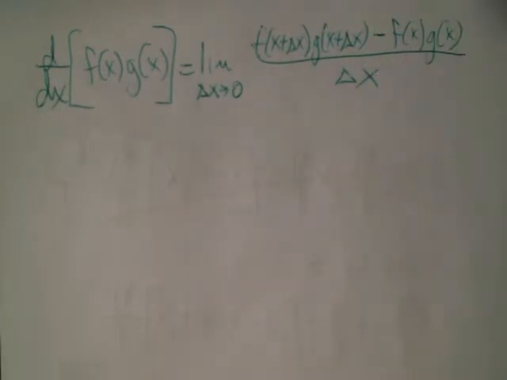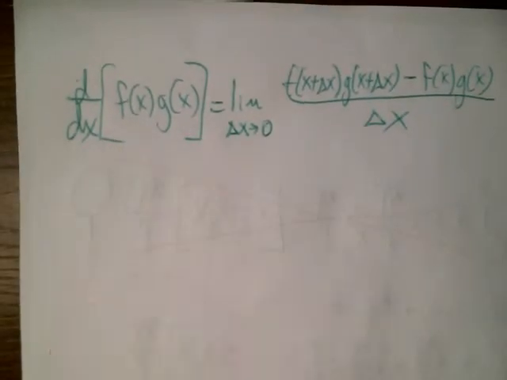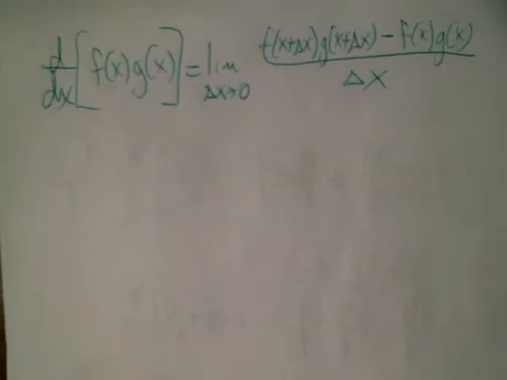Okay. The gateway for opening up this problem is to immediately add and subtract in a special term that will allow us to exploit the fact that each one of these supposedly has a derivative. I believe that's probably one of the criteria for being able to take the derivative, is that each individual has a derivative.